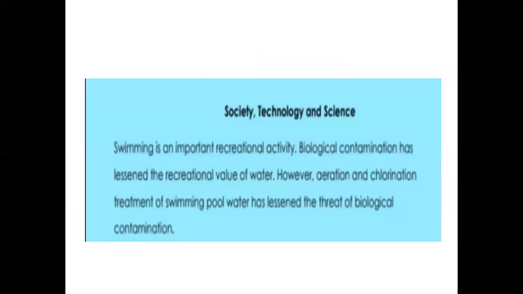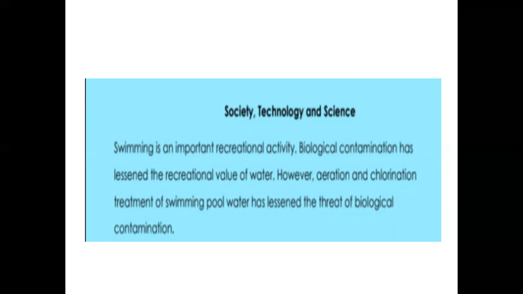Society, technology, and science. Swimming is an important recreational activity, but biological contamination has lessened the recreational value of water. However, aeration and chlorination treatment of swimming pool water has lessened the threat of biological contamination.